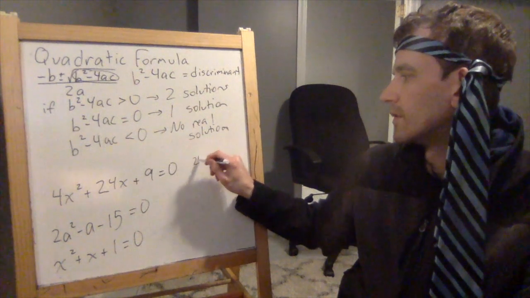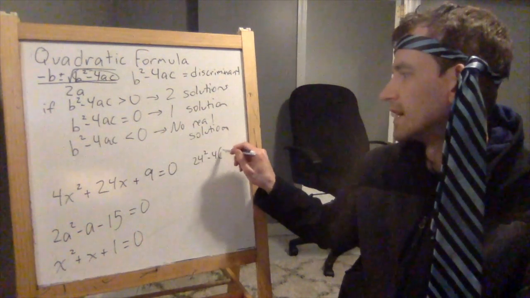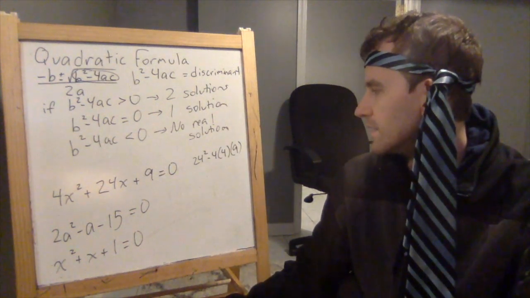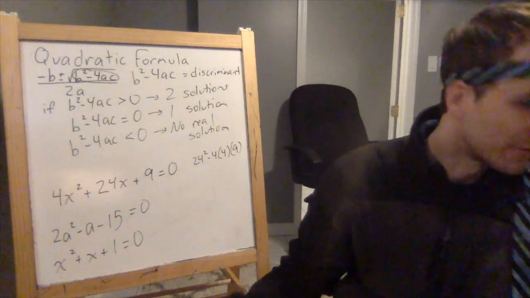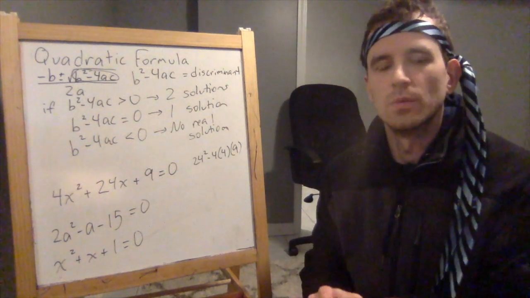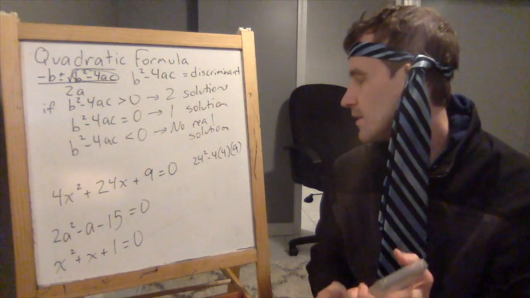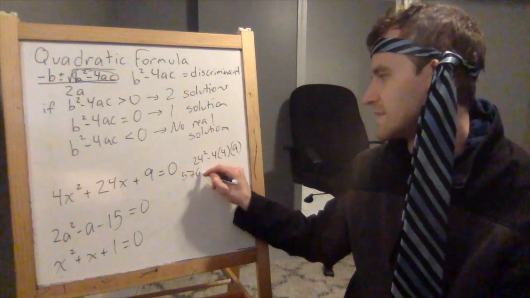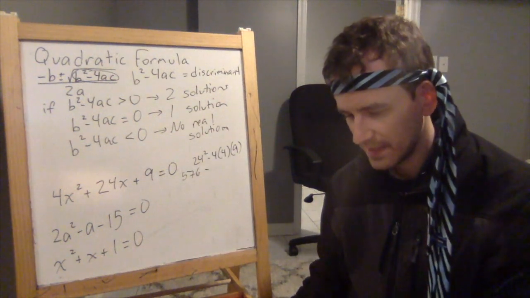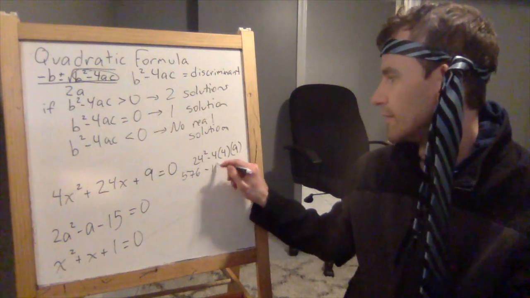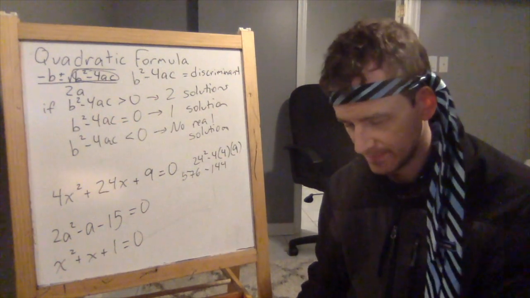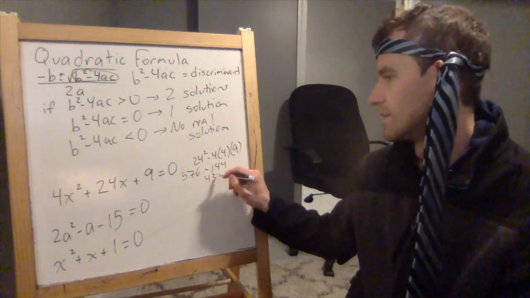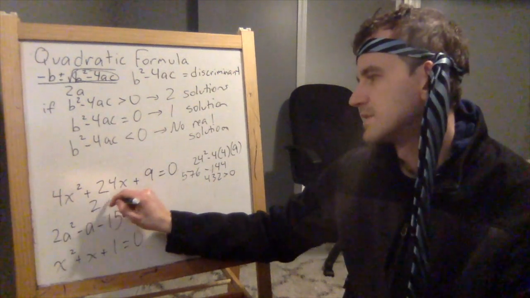That would be 24 squared minus 4 times 9, which is a little bit ugly. 24 squared would get you, what is that? 24 squared is 576, and then 4 times 9 is 144, so 576 minus 144 is 432, which is greater than 0. So this one has 2 solutions.